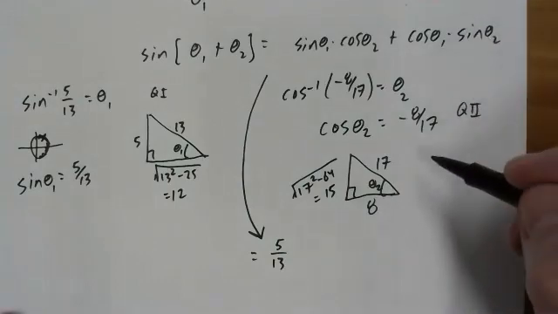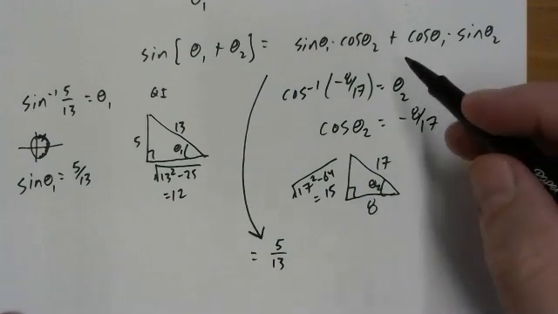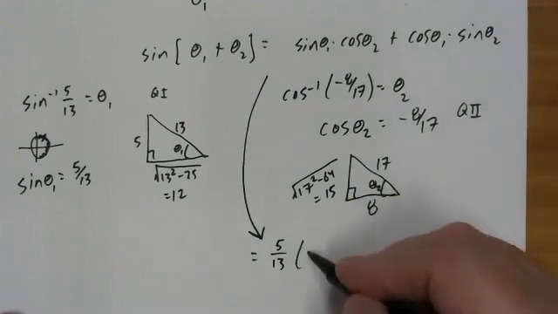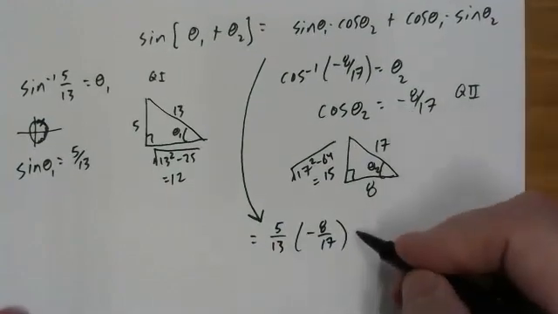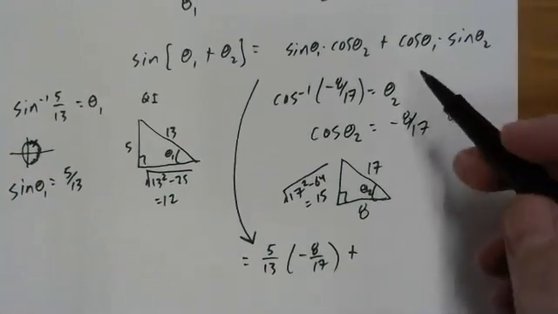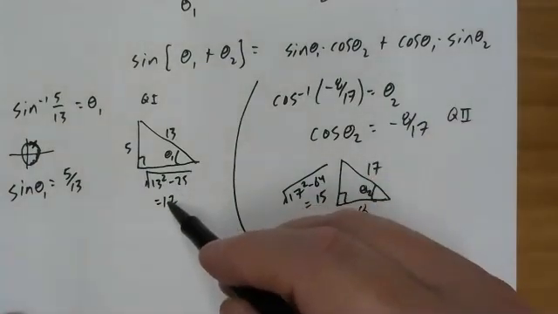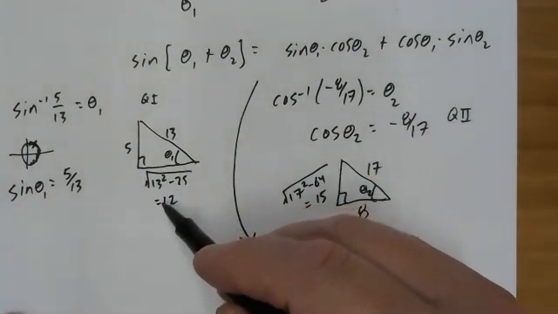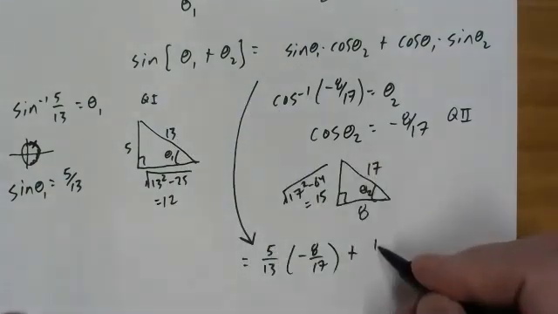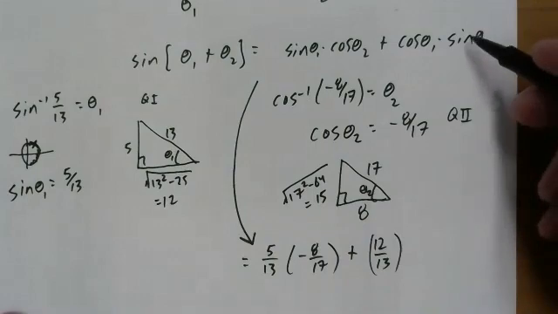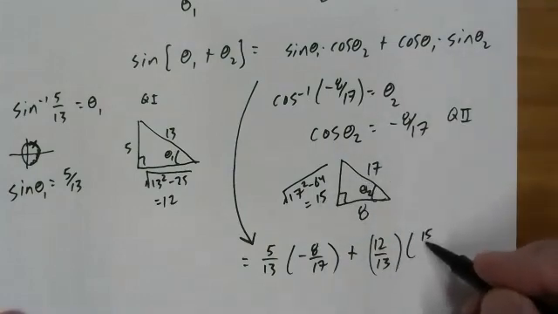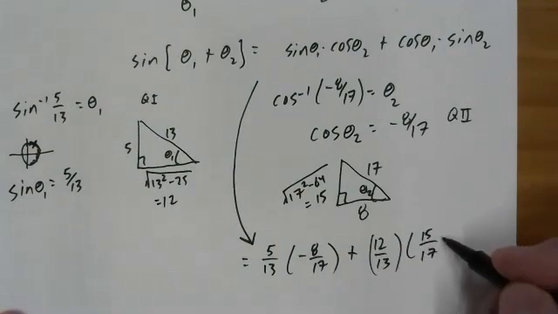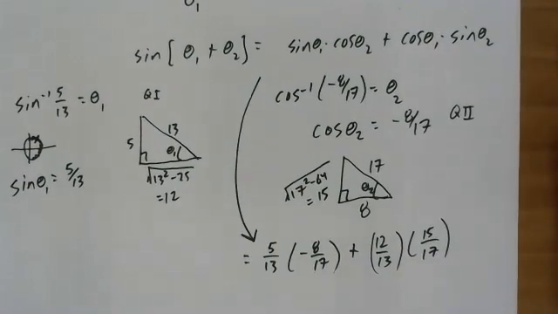And cosine of theta 2 is -8/17, plus cosine of theta 1. It's going to be 12/13, and it's in quadrant 1, so it's a positive number, times the sine of theta 2, 15/17. And in quadrant 2, the sine is a positive number.